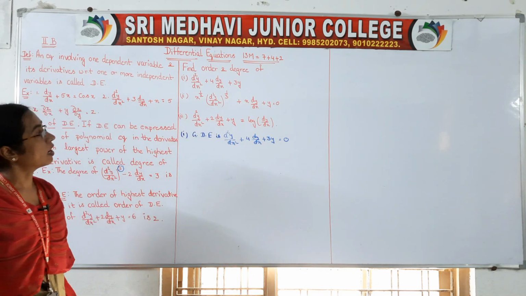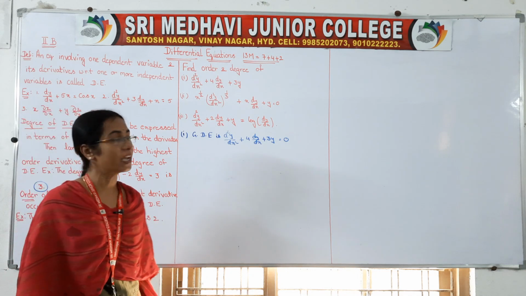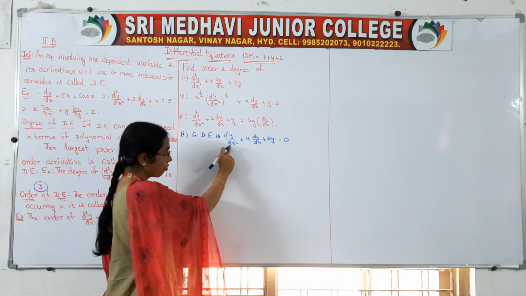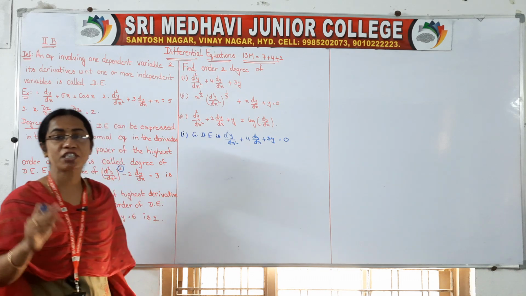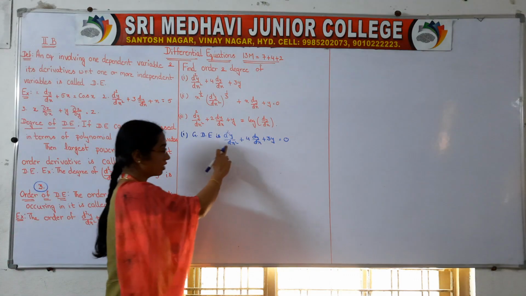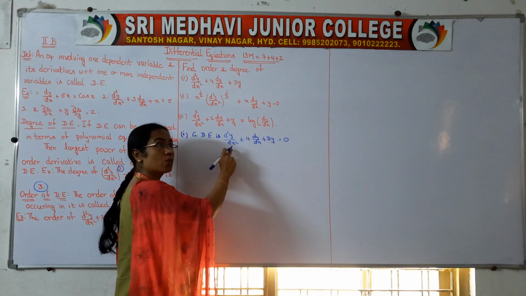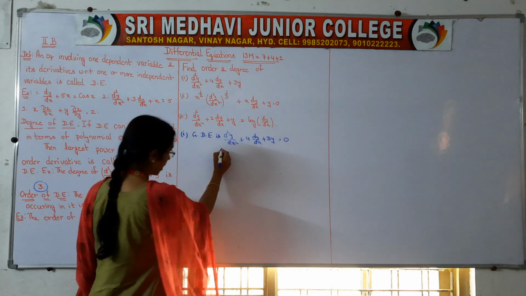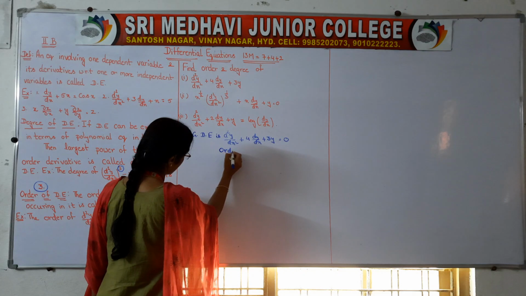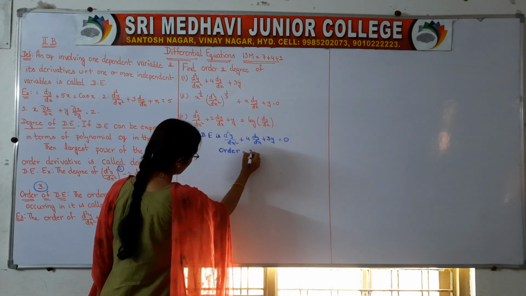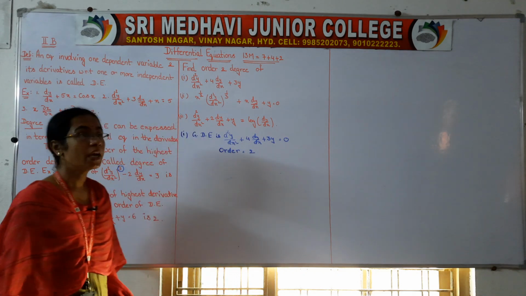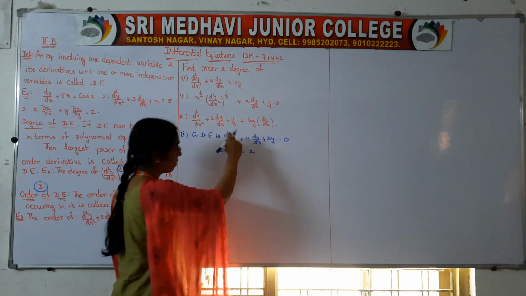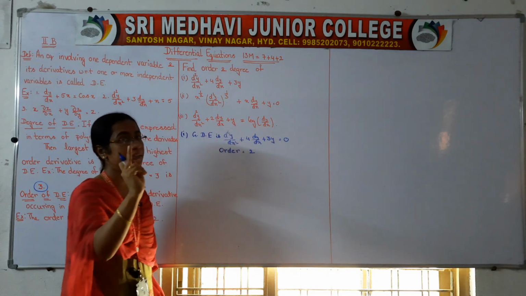So we want the order as well as the degree. Order: see how many times y is differentiated at maximum, that is 2 times, right? So that is called its order. Okay, so here your order is equal to 2.